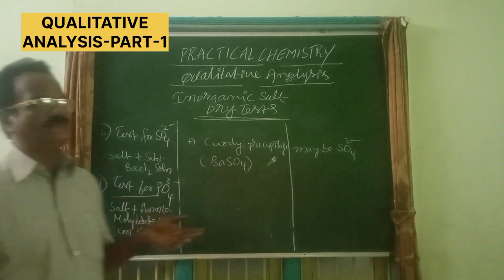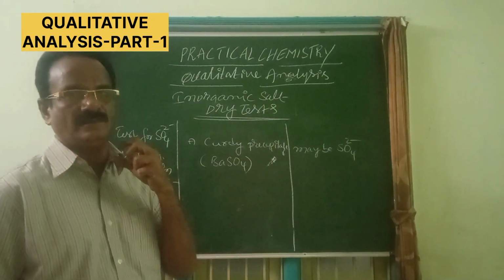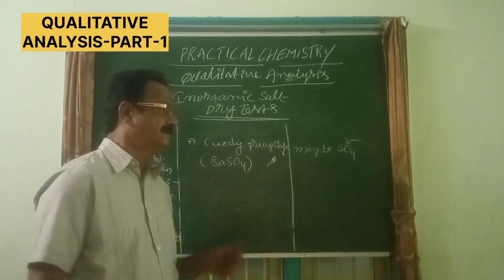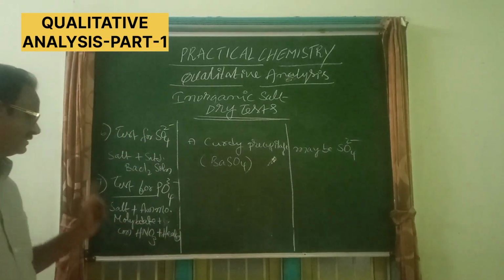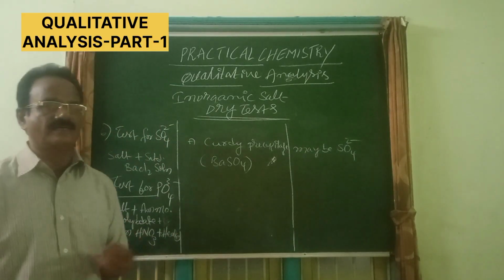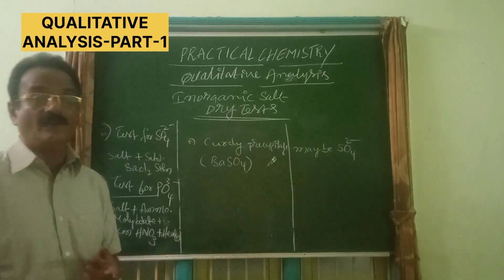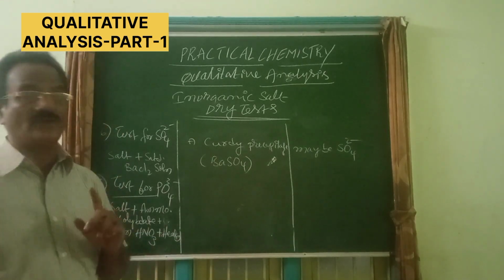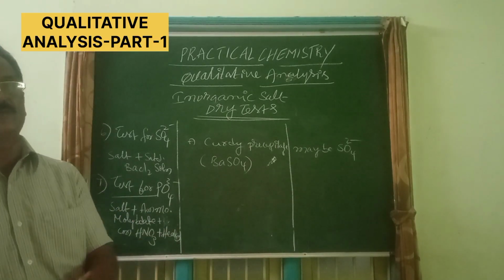So if you fail to find remaining all ions, then you go for phosphate. So during the identification of phosphate, the test is to be done like this. A pinch of salt is to be taken in the test tube, and then ammonium molybdate is added, followed by addition of concentrated HNO3 and then subjected to heating.